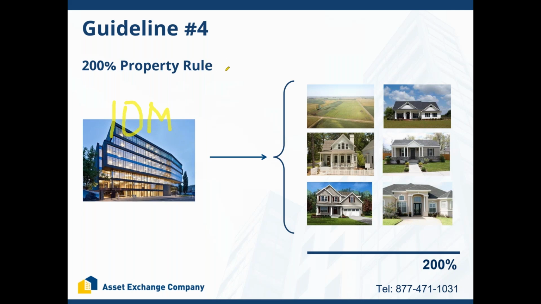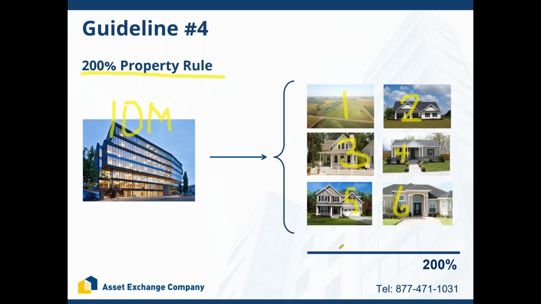Well, you can do that, but you have to identify using what is called the 200% rule. Okay? With the 200% rule, there is no limit on the number of properties you can identify. All right? So I can identify, in my example here, 6, 7, 15 properties. There's no limit on the number of properties.